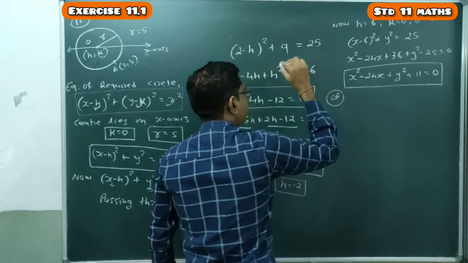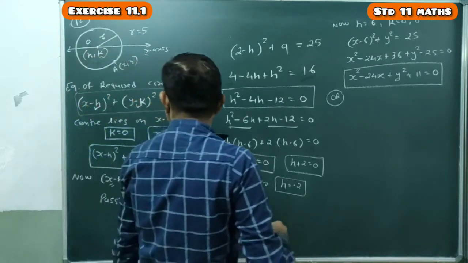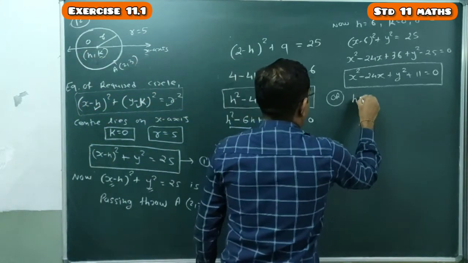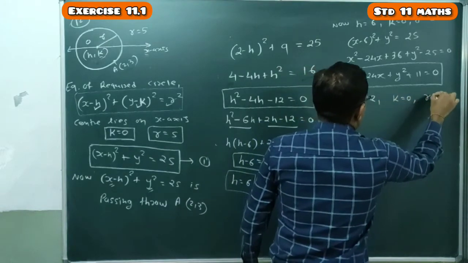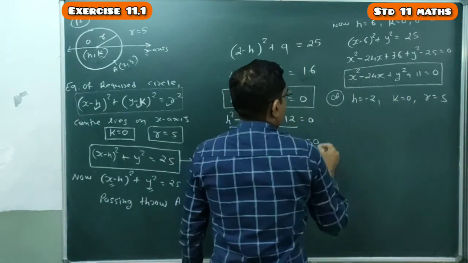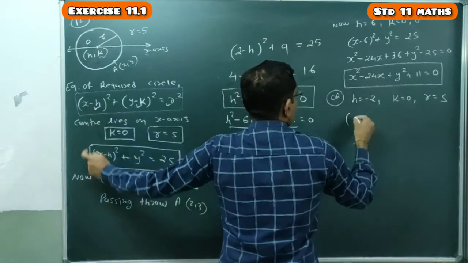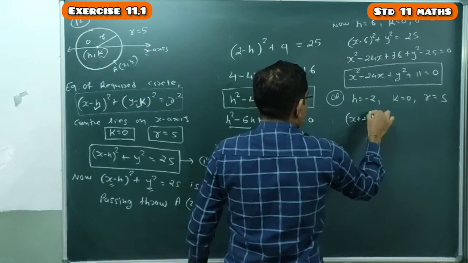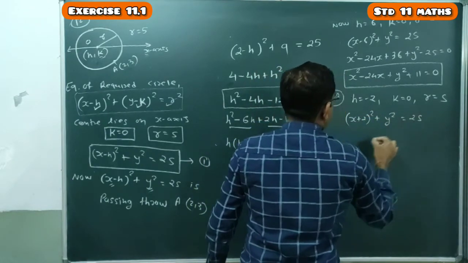And there is a second case. If h equal to minus 2, k equal to 0 and r equal to 5, then the equation of the required circle is x plus 2 whole square plus y square equal to 25.